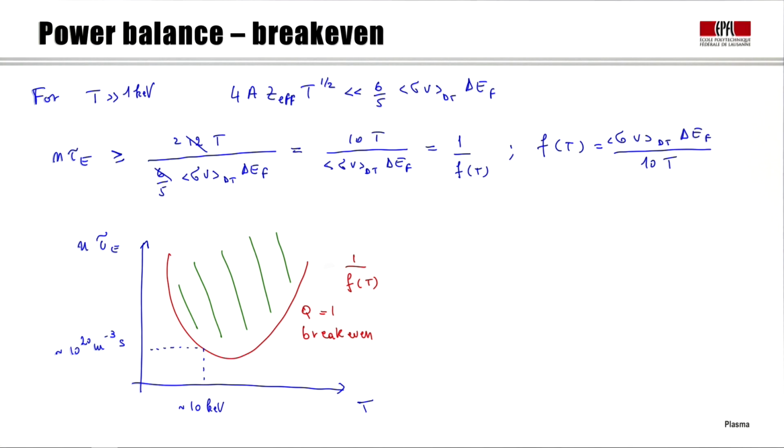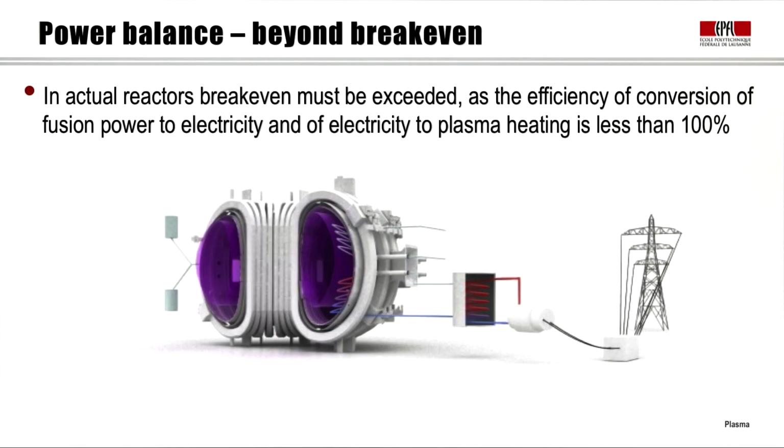So we have to do better than the combination of these two values in order to be in a region where the reactor can work. In actual reactors, of course, break-even must be exceeded because the efficiency of conversion of fusion power into electricity and the efficiency of conversion of electricity into plasma heating are both less than 100%.